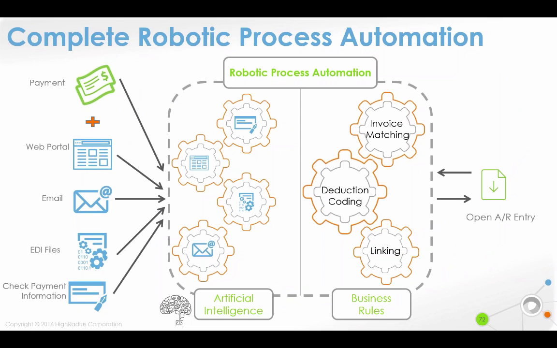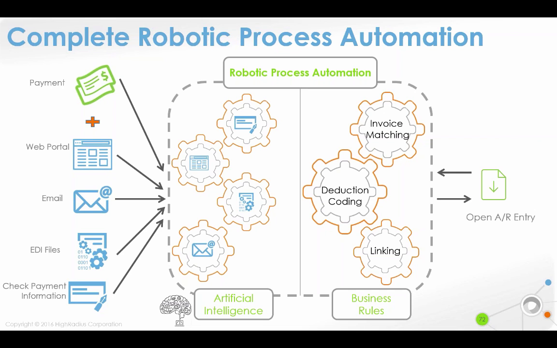So just to summarize, we have the artificial intelligence, which is able to take the payments that are coming in from the bank, and then it's able to aggregate and capture the remittance that comes in from all over the place in various formats, and bring all this into your system automatically.